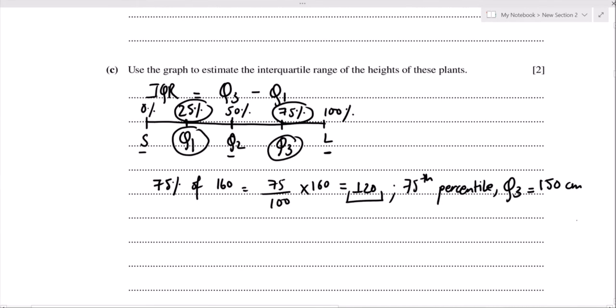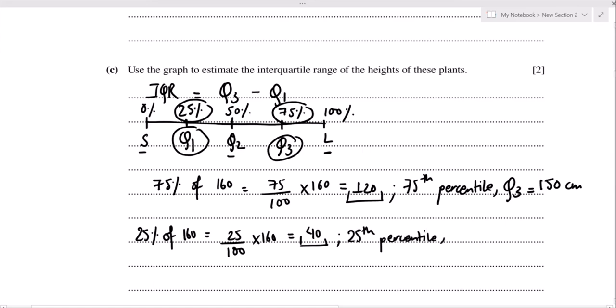Now we need to figure out the lower quartile, which means that we need to figure out the 25th percentile. That's going to be 25% of 160, which is 25 by 100 into 160. This gives us a value of 40. So we're looking for a height for which 40 sunflowers are less than that particular height. That's the 25th percentile, or the lower quartile Q1.